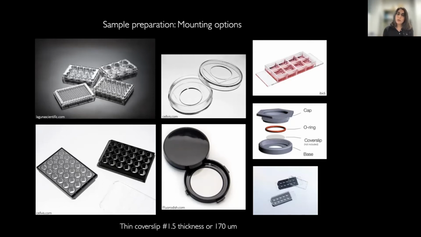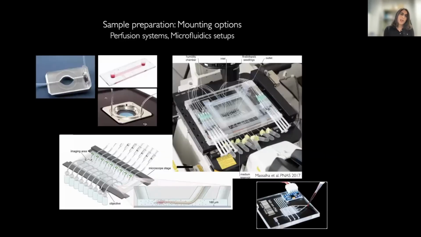But you can also take a cover slide and mount it yourself with a 3D printer or 3D printer molds or something that you have bought commercially. You can opt between choosing either a transparent or a dark-walled one. You can also choose a flow chamber.